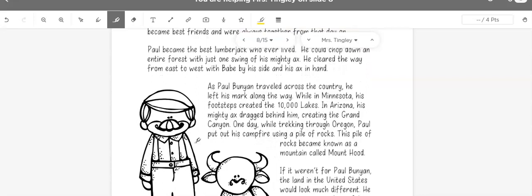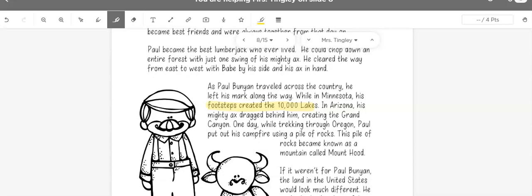As Paul Bunyan traveled across the country, he left his mark along the way. While in Minnesota, his footsteps created the 10,000 lakes. That's another exaggeration, that his footsteps made lakes. In Arizona, his mighty ox dragged behind him, creating the Grand Canyon.